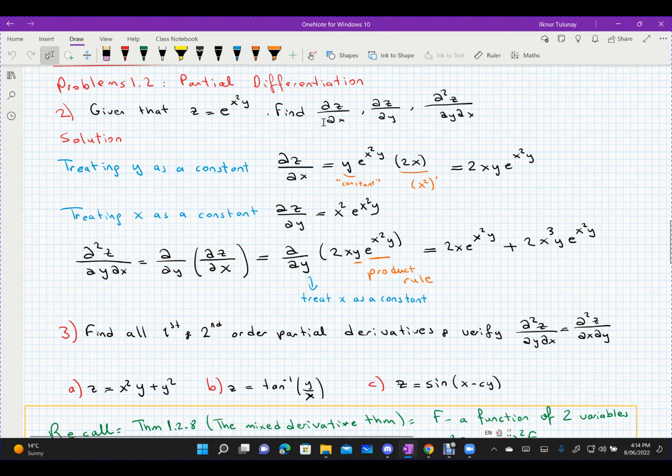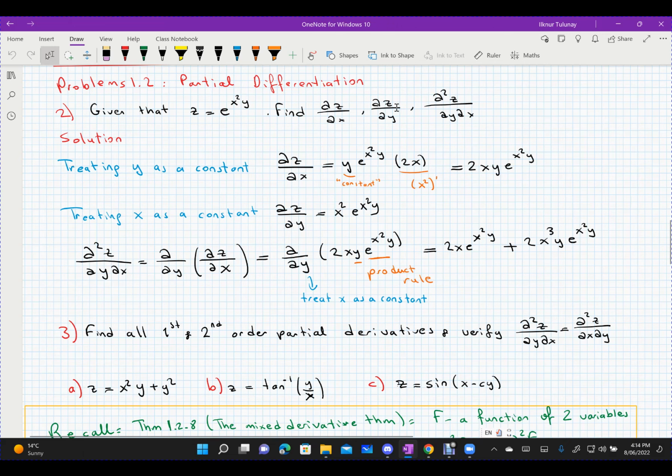The constant y will be in front of the function. But x squared is also a function of x, so we need to think about the derivative of x squared as a chain rule. The derivative of x squared is 2x. Altogether it is 2xy e^(x squared y).